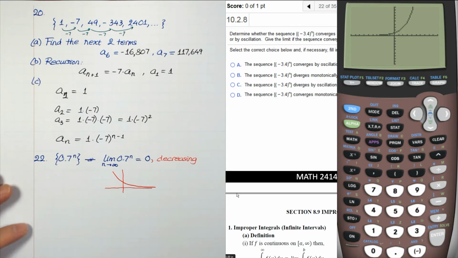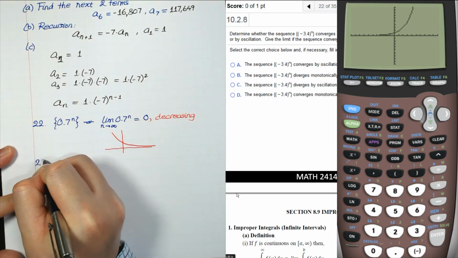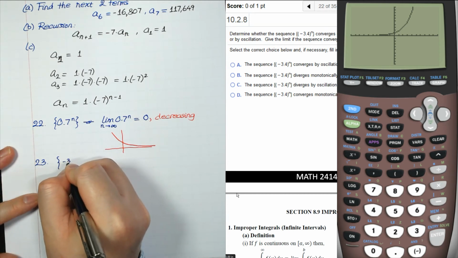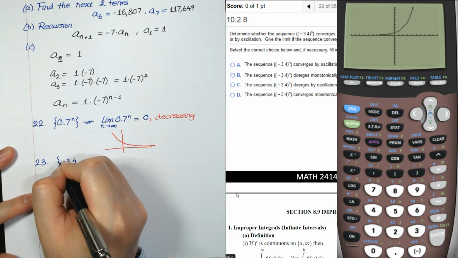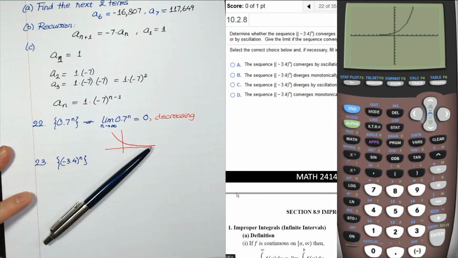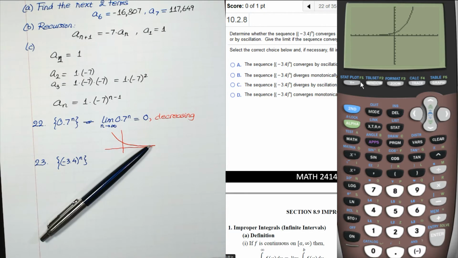Right, the next number, 23, we have the sequence of -3.4. Now this, in terms of magnitude, is bigger than 1. What happens if we have that? Negative 3.4 raised to the x power.